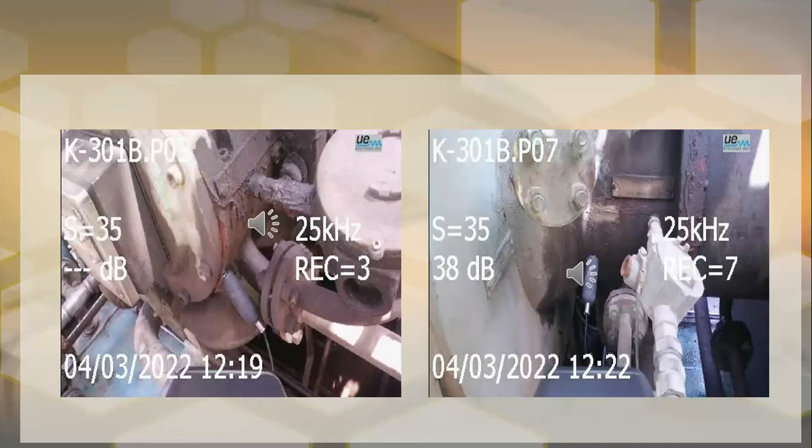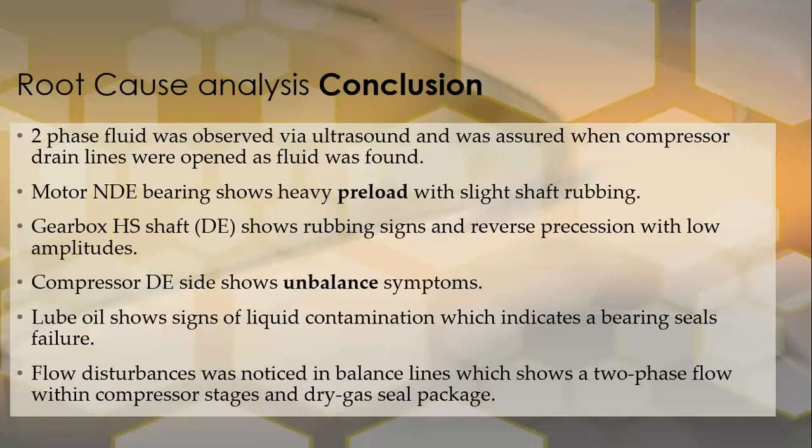Normal sound with normal decibel levels before and after also. So that's what led us to the conclusion that there is a two-phase fluid in the system, and we confirmed it when the compressor drain lines were opened, as we found actual fluid dropping down.